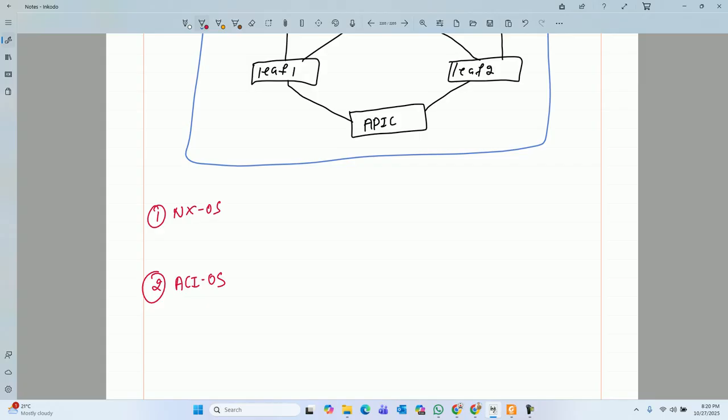So you have to change the ACI image to the bootable image. So next time whenever your Nexus switch boots, it will always boot from the ACI OS operating system. And after that you can onboard it on this ACI, or you can say APIC infrastructure. All right.